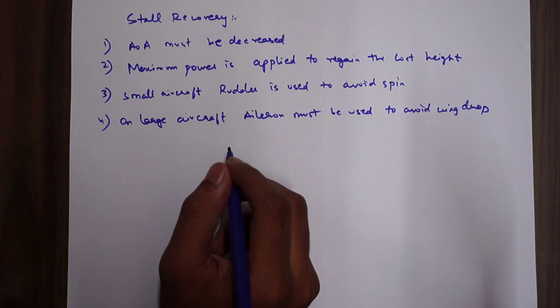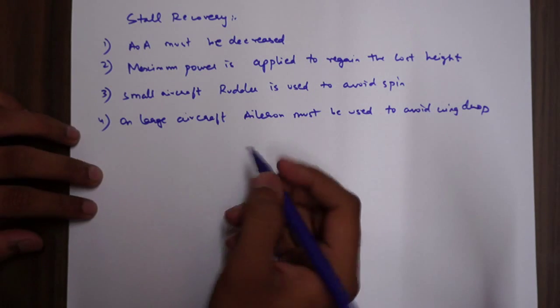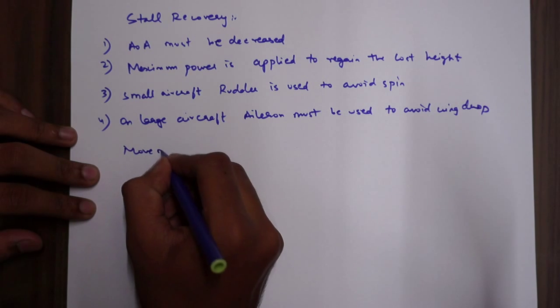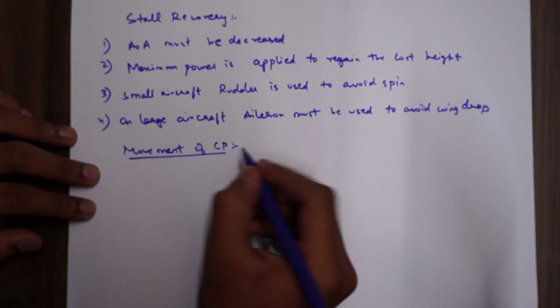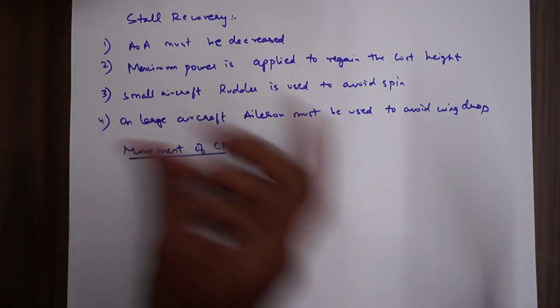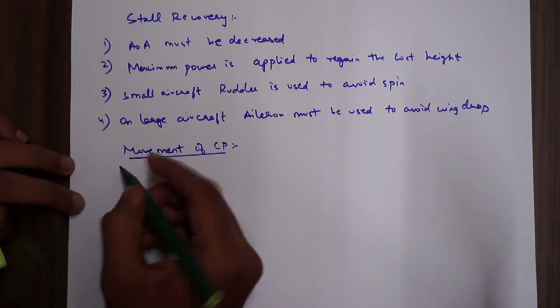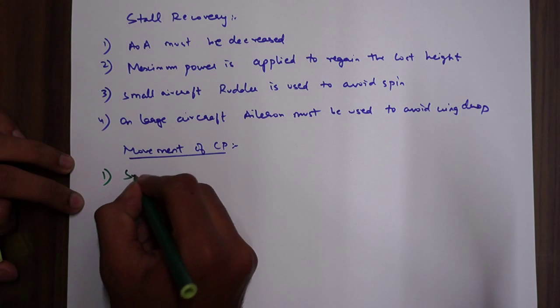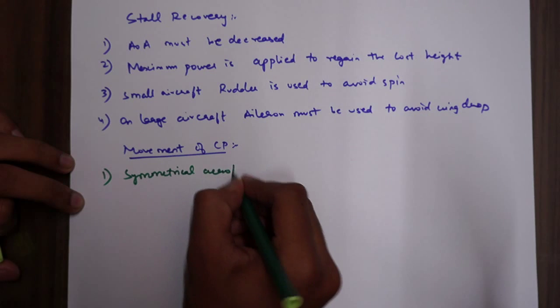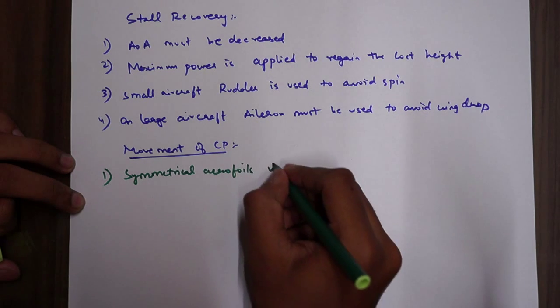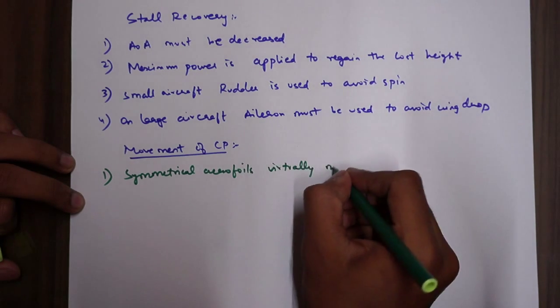Then now we'll discuss movement of CP. Remember I discussed it for the various wing forms. So movement of CP: symmetrical aerofoils, virtually no movement.